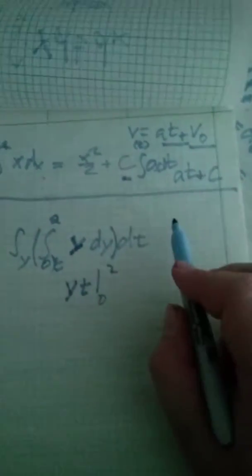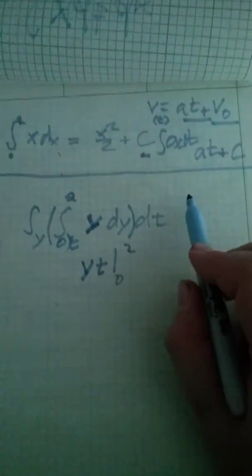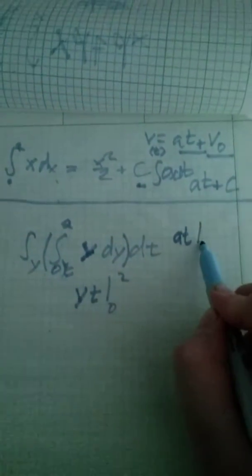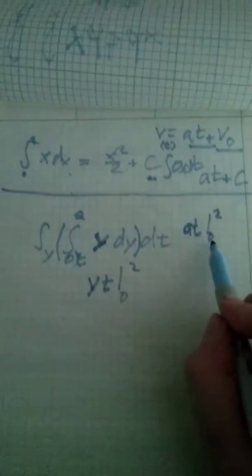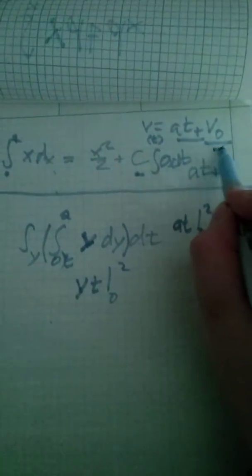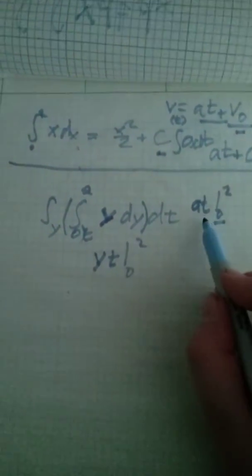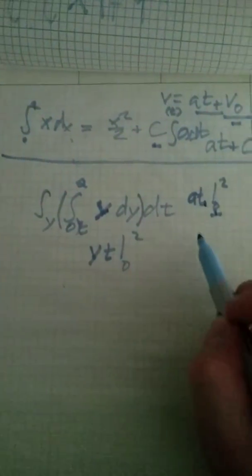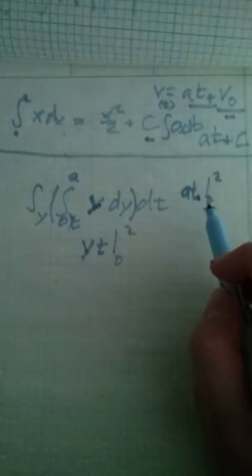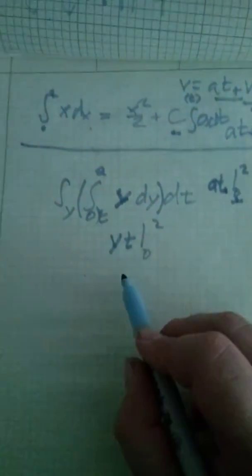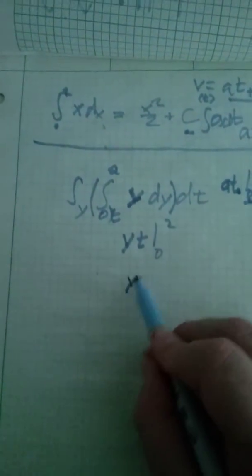The reason we don't need the constant here is that when t equals 0, the velocity is at its initial position. So if we put in 0 for t, we already have the initial velocity built in. That's the way I was taught it. So we go yt from 0 to 2, which is y times 2 minus y times 0, and what we get is just 2y.